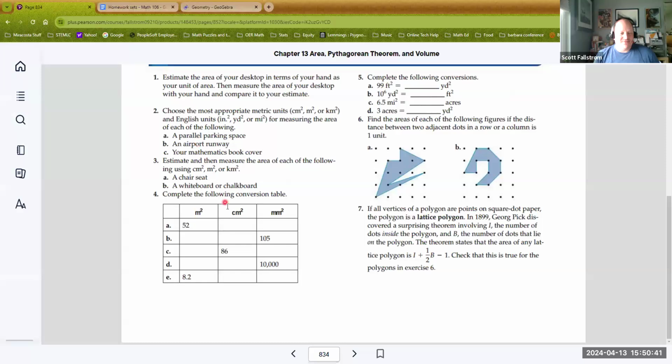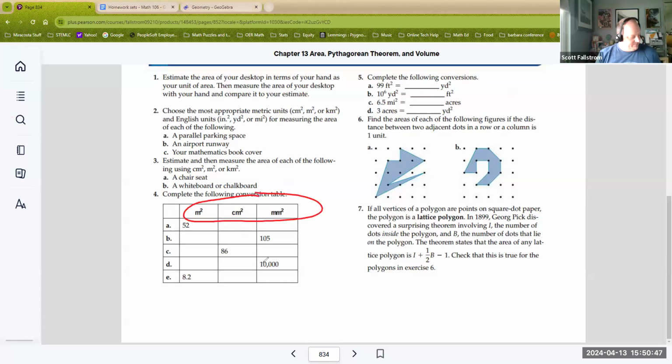So 2, I skipped 3 and then went to 4. Now 4 and 5 are very similar. They're talking about converting units. Yes, you do have to remember King Henry's Dear Mum drinks chocolate milk, but we're squaring everything, so everything is 2 steps to 1. So if you're moving from centimeters squared to millimeters squared, that would be 2 steps.